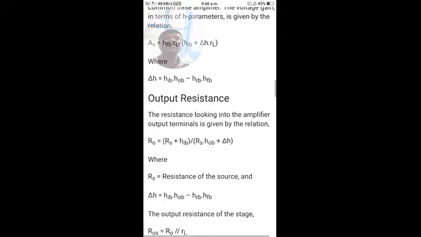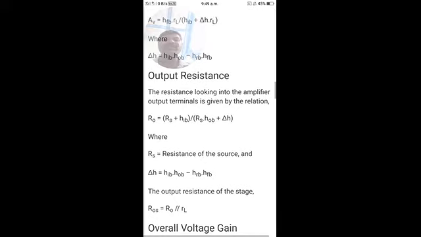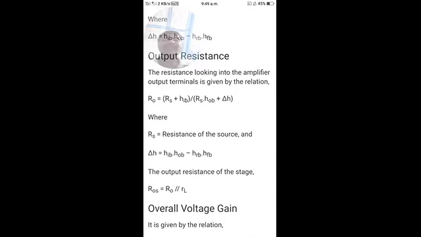Output resistance, the resistance looking into the amplifier terminals, R0 is RS plus HIB by RS plus HOB into HOB plus delta H, where RS is the resistance of the source and delta H is HIB HOB minus HRB HFB.